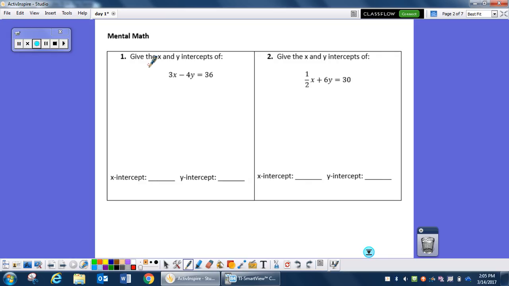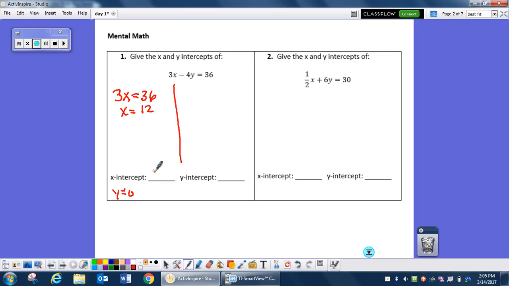On the back, you are giving the x and y intercepts of these two equations, and you will see this also on your final. The x-intercept is when y equals 0. So what you could do is just cover up that y and say, hey, you're just going to have 3x equals 36, so x equals 12.